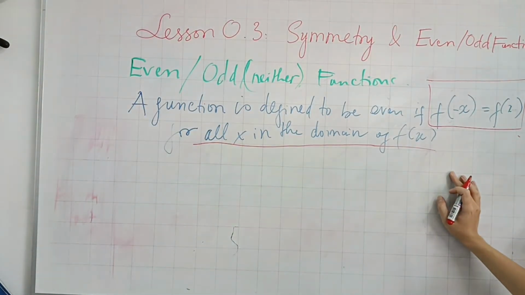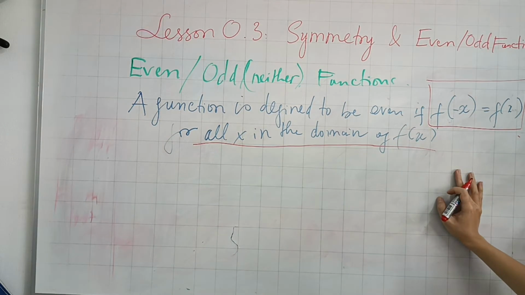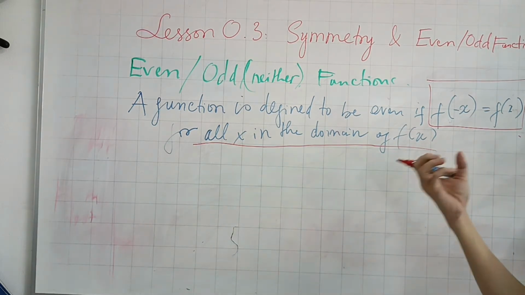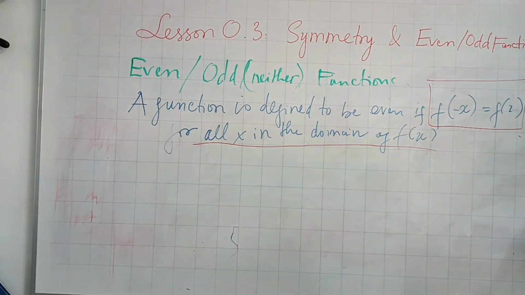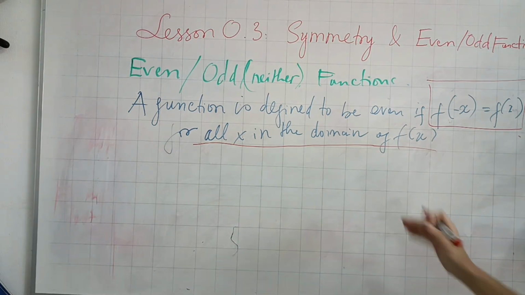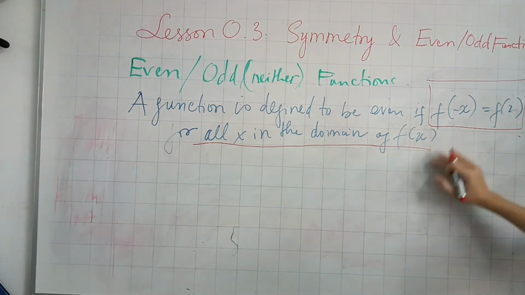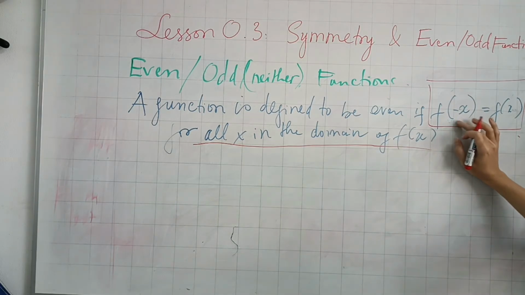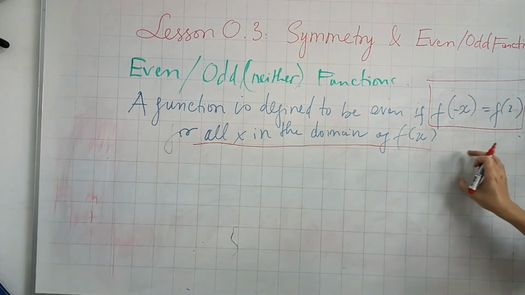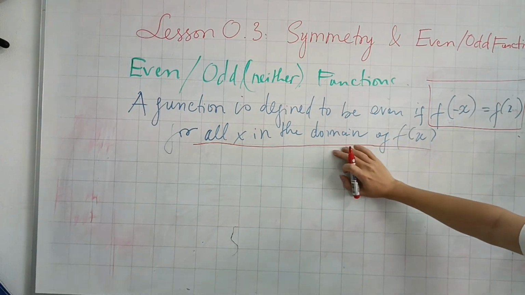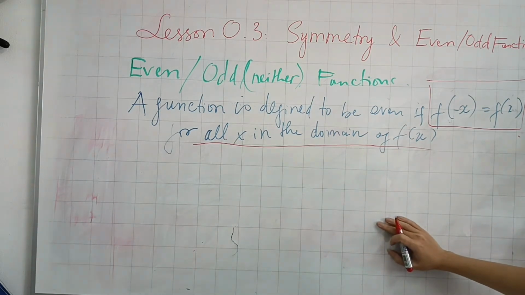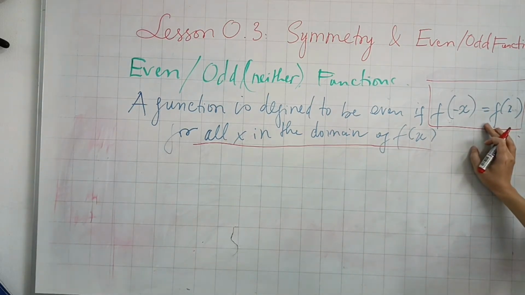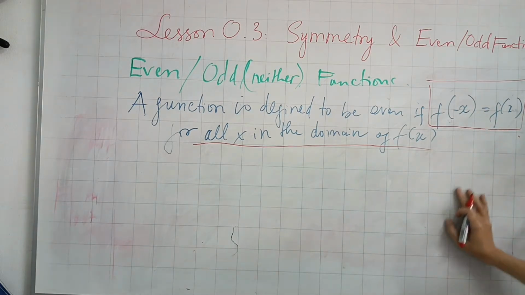So when we do the exercises, you must find out the domain of f(x) first, and then we replace x with negative x here, and if the first condition is satisfied and the second condition is satisfied, we conclude that it is an even function.